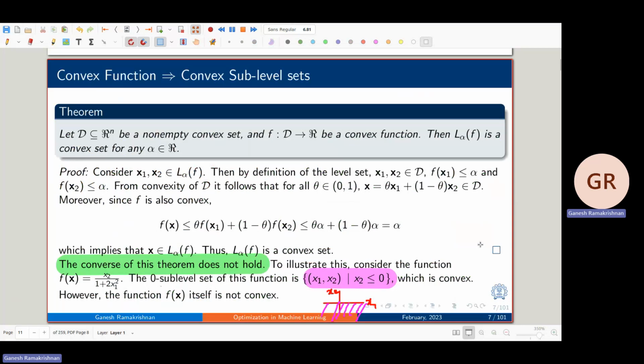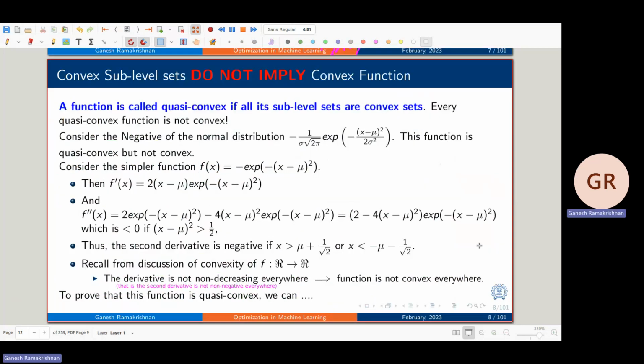More examples. But before I get to more examples, the definition of a quasi-convex function is one all of whose sublevel sets are convex.